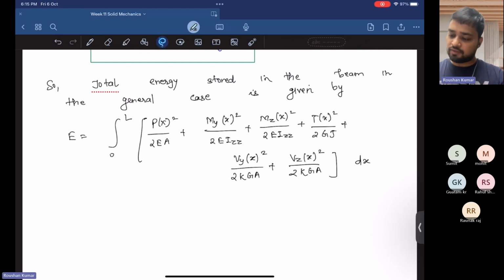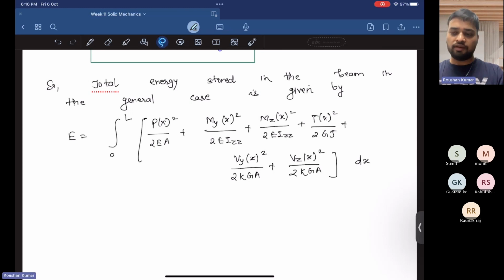So we are going to use this equation most of the time, because the numericals that I will solve today are based on the energy method, and all of them are to find the deflection and the slope or the reaction force, something else. You can also solve it via the equilibrium equation, which I discussed earlier in the previous week.